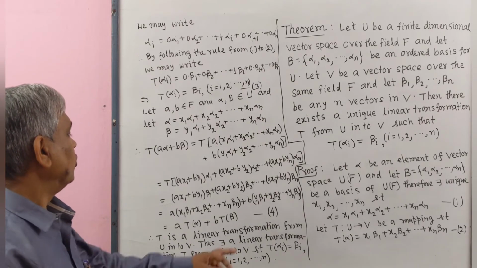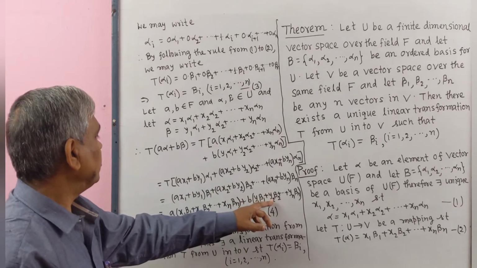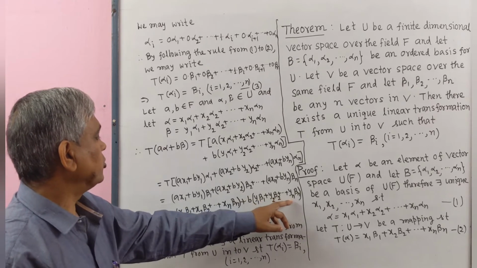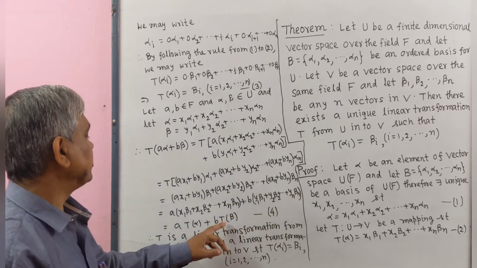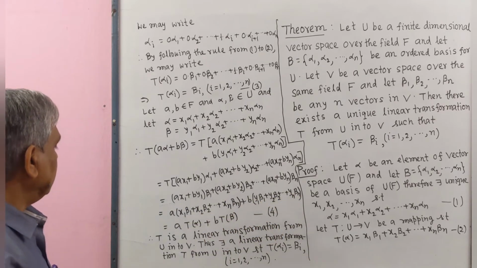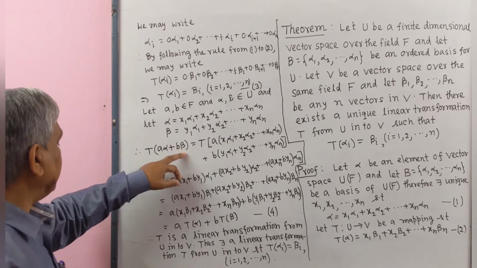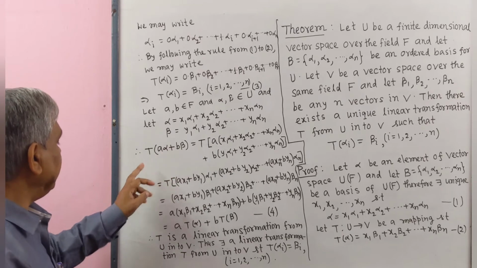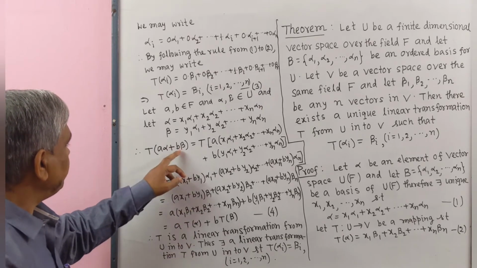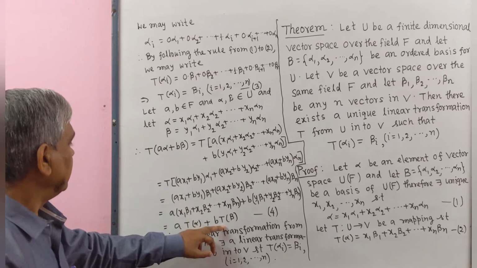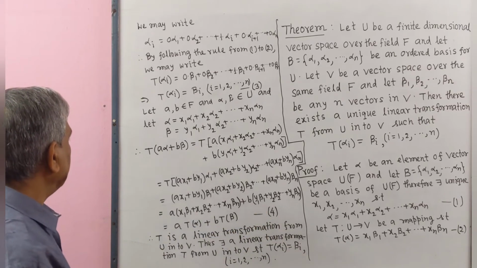Similarly, y1 beta 1 plus y2 beta 2 plus dot dot dot plus yn beta n means T beta. Therefore, we get T(a alpha plus b beta) equal to a T alpha plus b T beta. This is number 4.